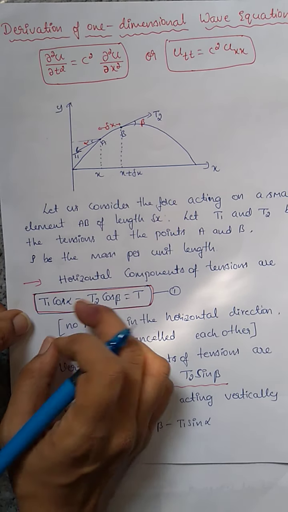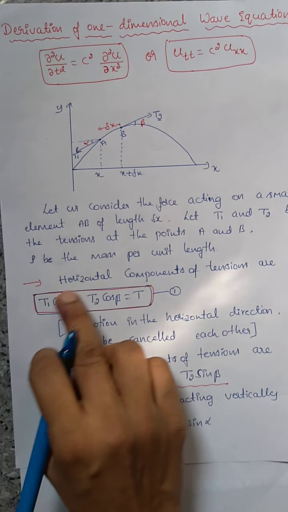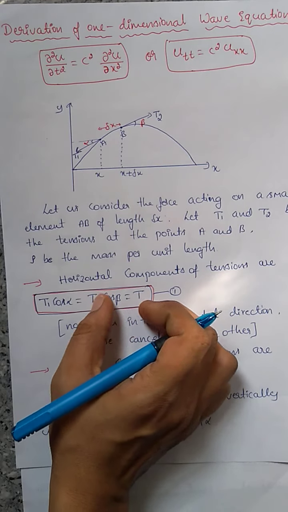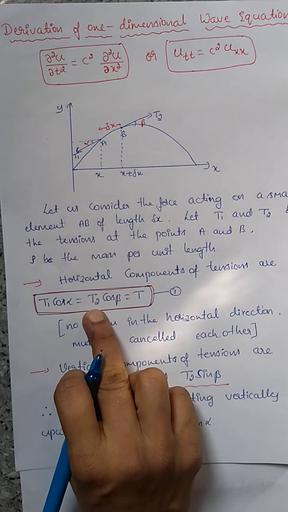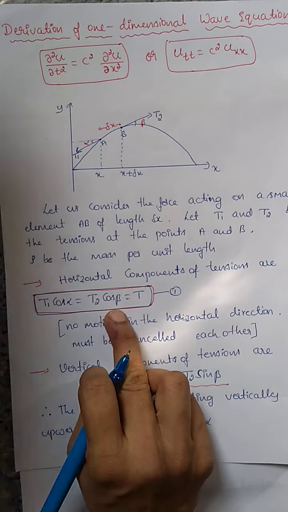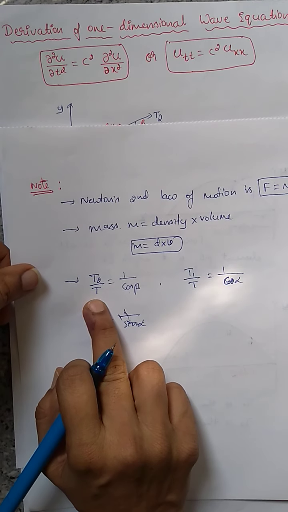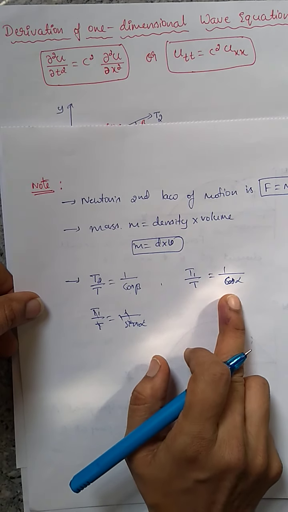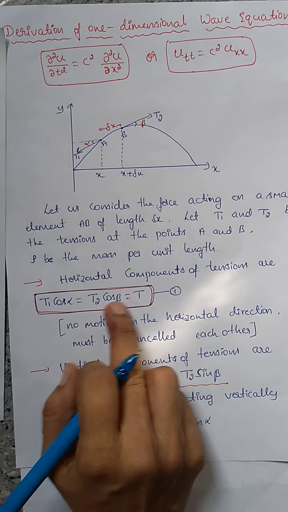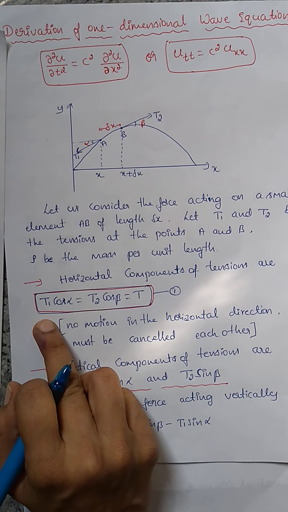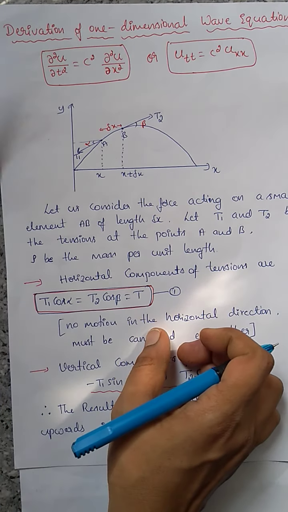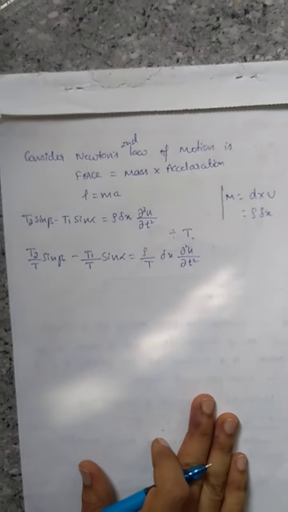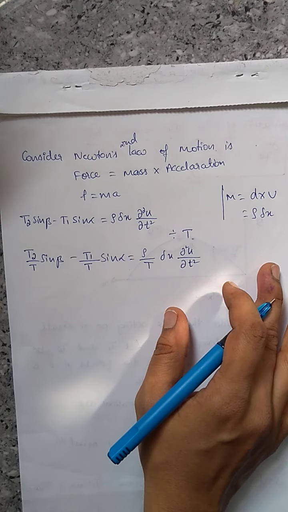These two cancel each other, so we can equate to the common constant T. From this equation 1, we transfer T to the left-hand side, and we get T2 by capital T is equal to 1 by cos beta, and T1 by capital T is equal to 1 by cos alpha.